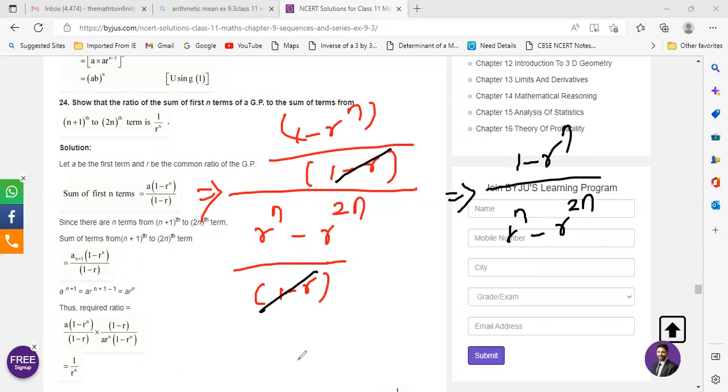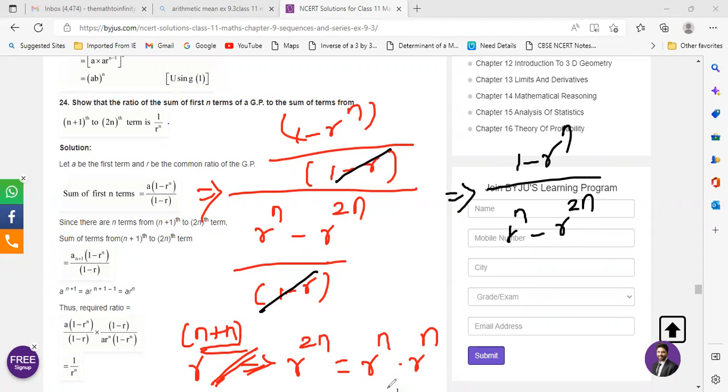And I'm going to rewrite r raised to the power 2n as r power n into r power n, because r power 2n means it is r power n plus n, right? I hope you remember the power rule. In the power rule, r power n plus n can be written as r power n times r power n. I'm just using the basic power rule here. So I'm going to write my denominator r power 2n as r power n into r power n.